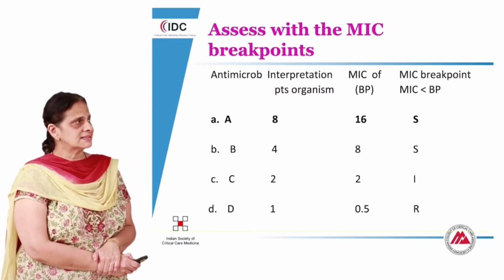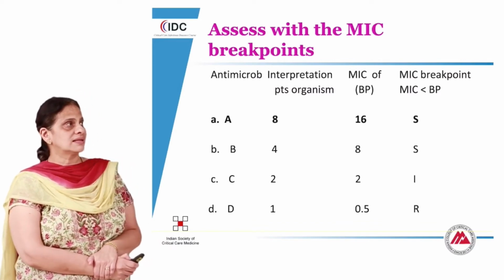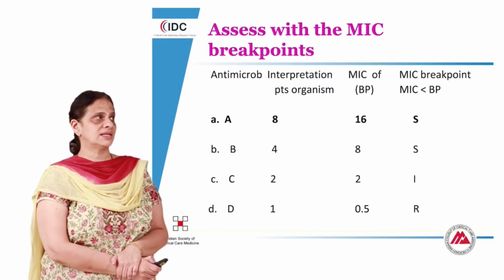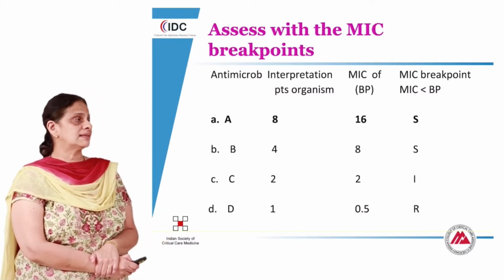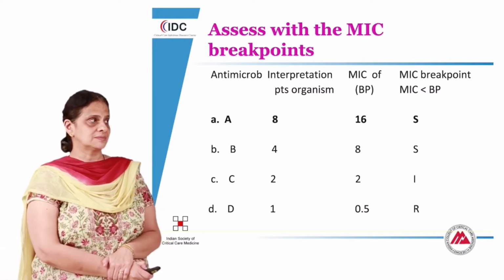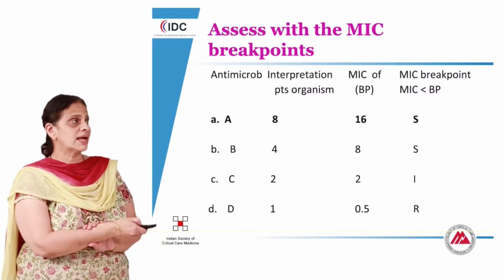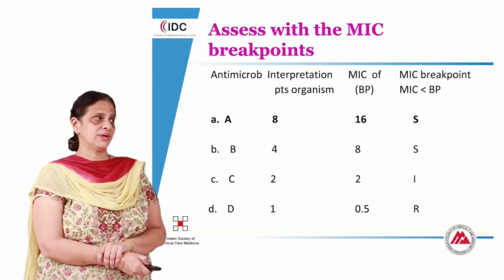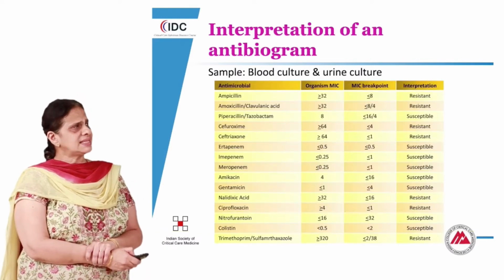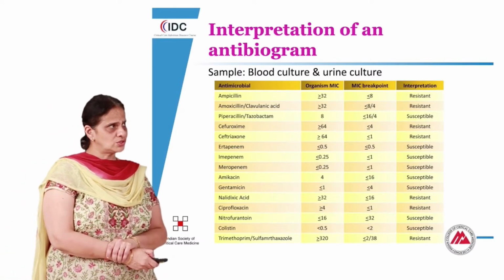So in essence, A stands to be the most appropriate antibiotic that you would give, and D, that looked like the best, is actually resistant, because the MIC of the patient's organism is more than the MIC breakpoint in that situation.